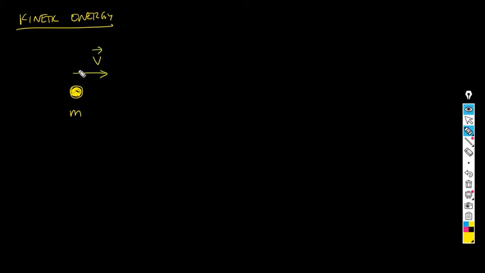So under this context, we define the kinetic energy represented by a K as the following. It's 1/2 times the mass of this particle times the velocity squared of such particle. So this is the definition of the kinetic energy of a particle. It's 1/2 times its mass times its velocity squared.